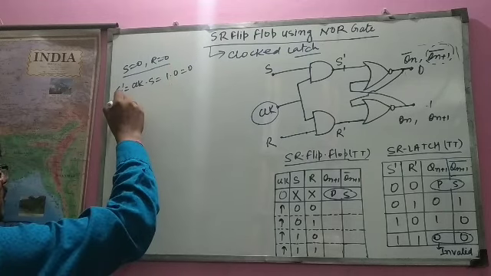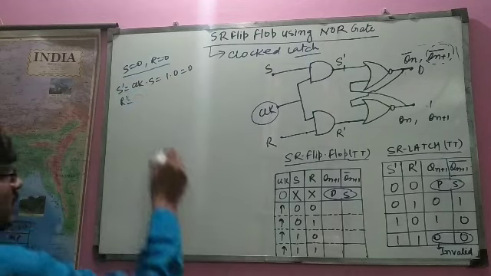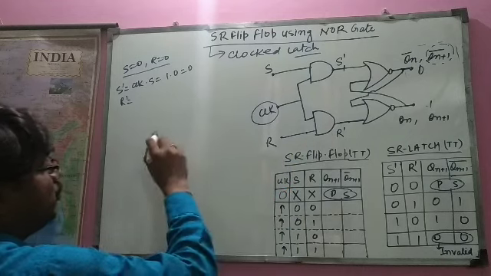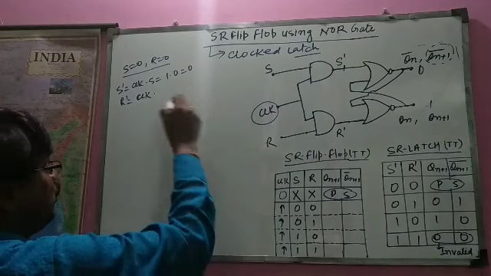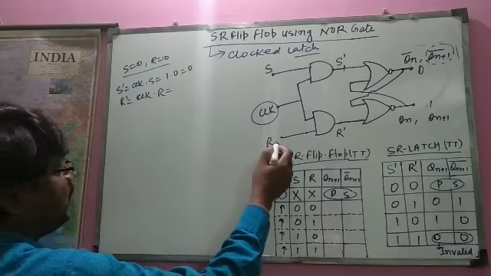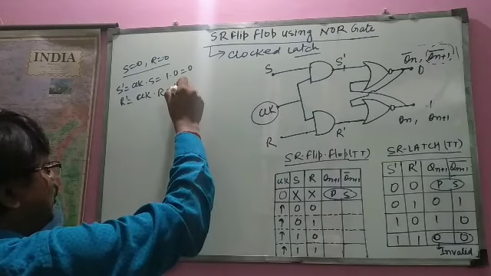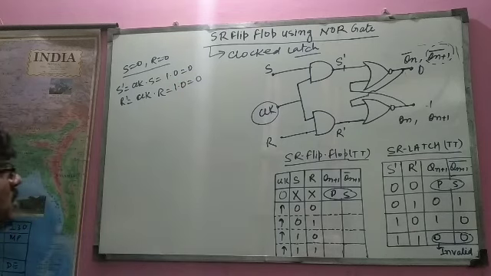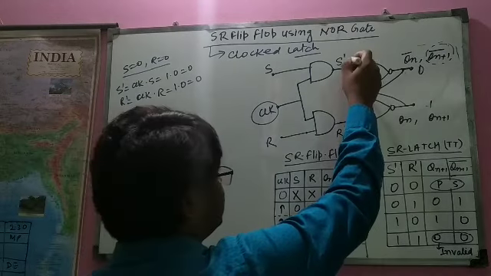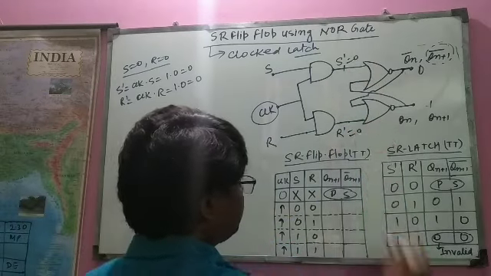Now what will be the value of R dash? R dash is nothing but the multiplication of clock into R. What is the value of R? That is 0. Clock is 1, so it is also going to be 0. That is a very simple case. So S dash is 0 and R dash is also 0.